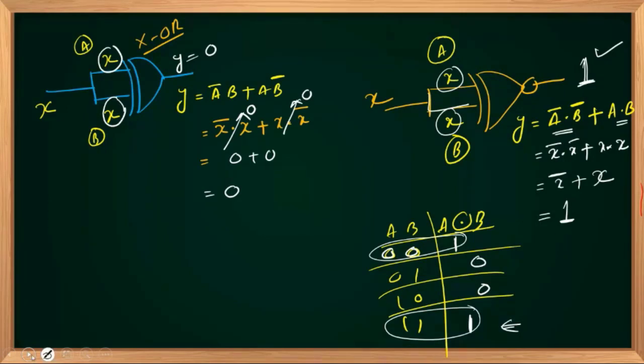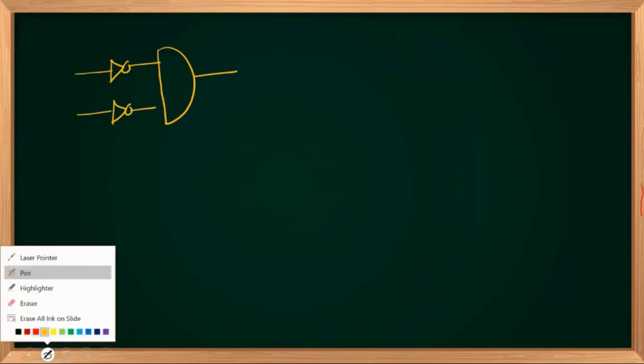Okay, right. So let's have some more properties of logic gates. In your AND gate, I am placing an inverter, or NOT gate, before the actual input of my AND gate.